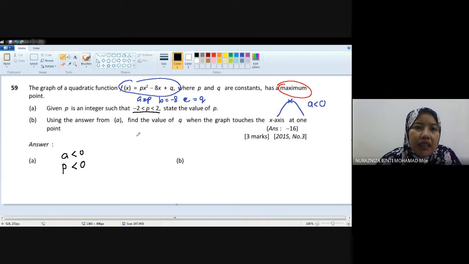Given the range of value of p is between negative 2 and 2, you know that p is equal to negative 1 or 0 or 1. Okay, 2 is not included, right? So out of these three possible values of p, since we want p less than 0, therefore we choose p is equal to negative 1. The others are not possible because we want p less than 0, a negative number.